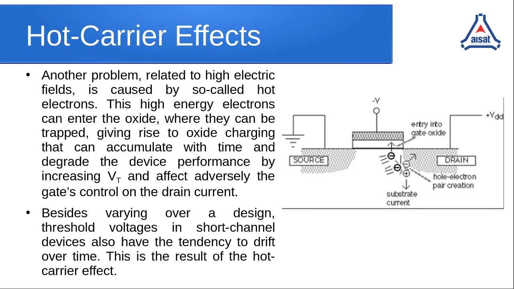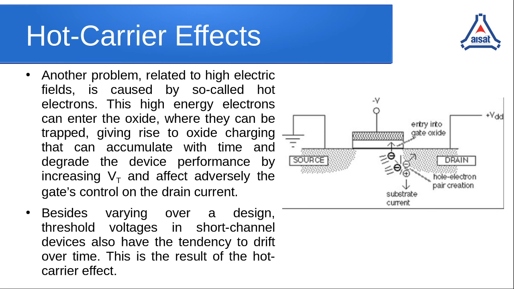The hot electrons, which are high energy electrons, entering the oxide and getting trapped, will start charging the oxide layer. And that will, in turn, increase the threshold voltage requirement. So these are the effects due to the short channel.